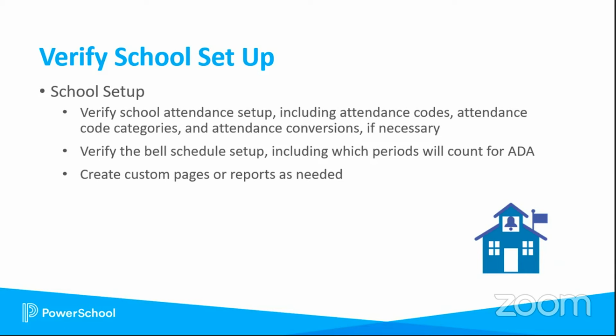You have attendance code categories. Those have been set up on every site and they're consistent. There are 5 code categories that are set up within the state of Alabama.